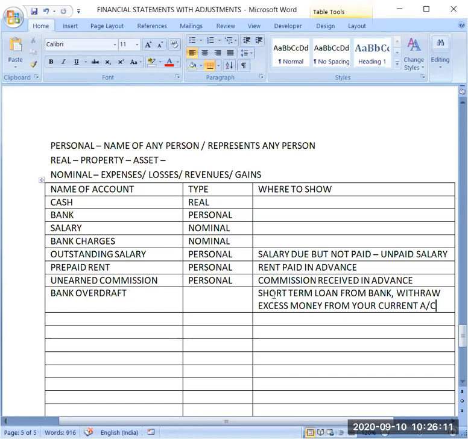Now, can it be your expense or revenue? So it cannot be real account. It cannot be nominal account. It is representing bank who has given you loan. You have to return this money. That's why it is also a personal account. Yes, now it is clear.